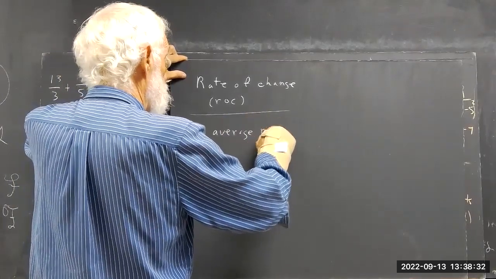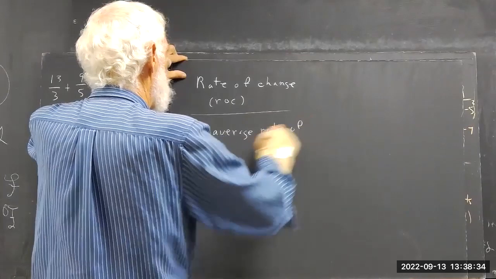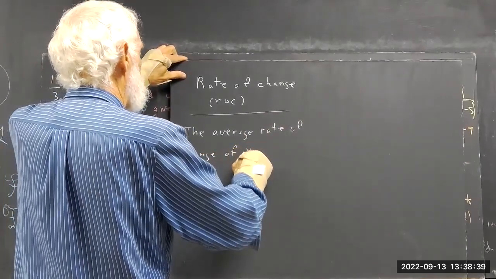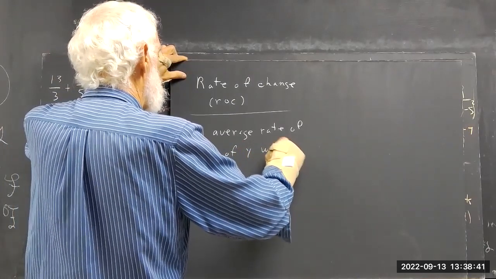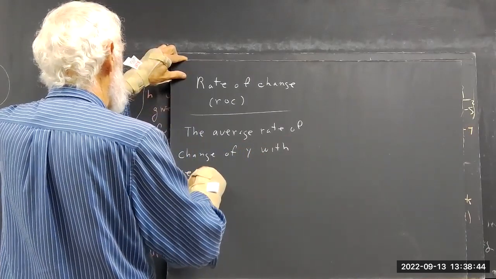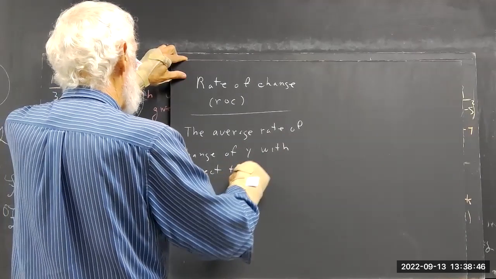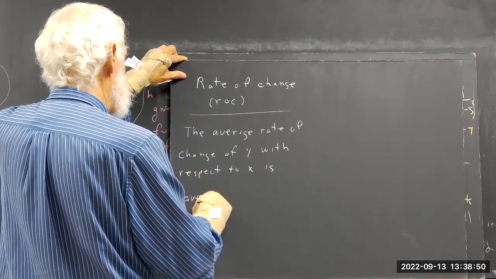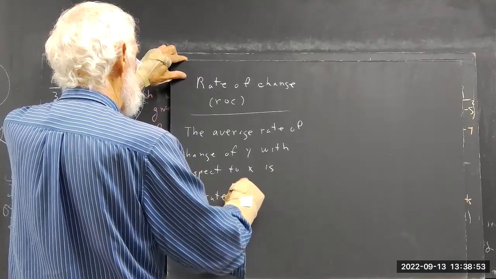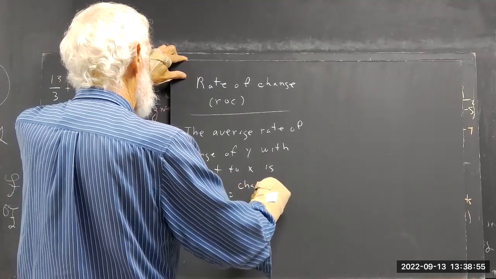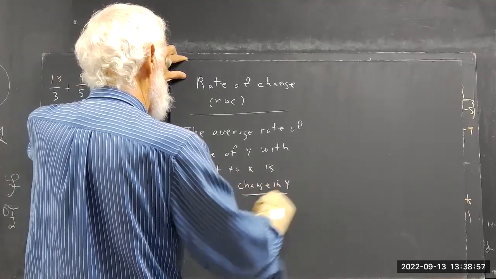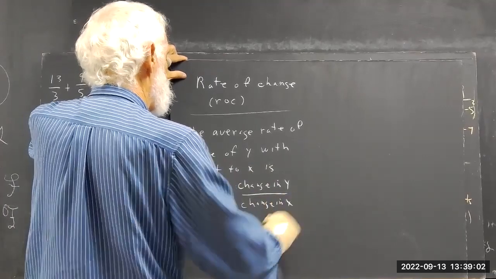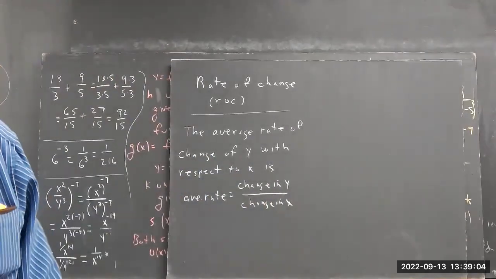The average rate of change of y with respect to x is the change in y divided by the change in x.